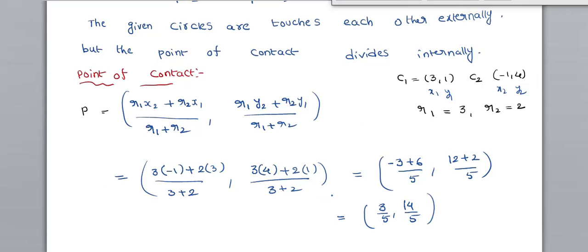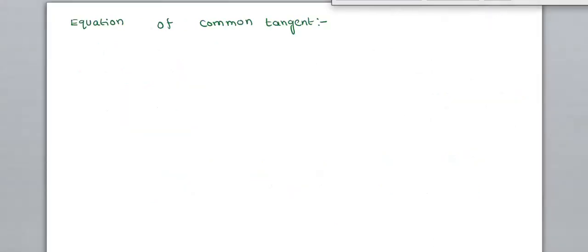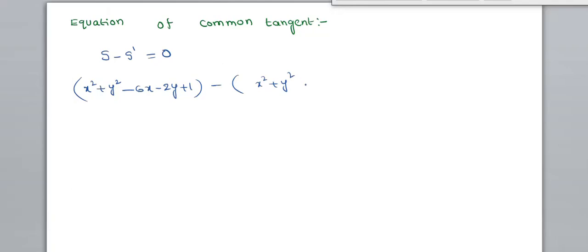Next, find out the equation of common tangent. Write down. The equation of common tangent formula is S minus S dash equal to 0. S means the first circle equation x square plus y square minus 6x minus 2y plus 1, S dash is x square plus y square plus 2x minus 8y plus 13 equal 0.